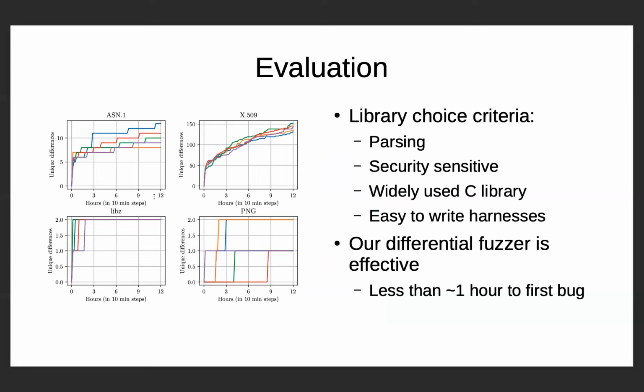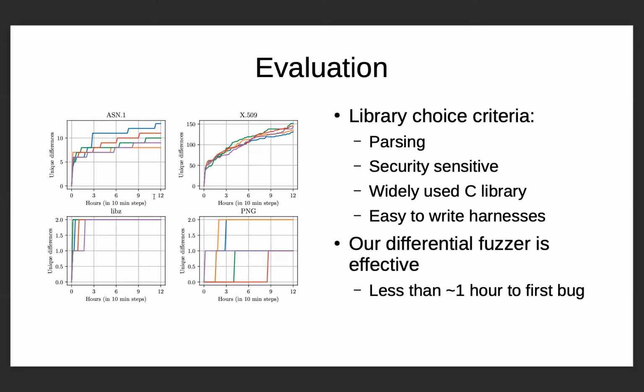So we did our evaluation. We chose 4 libraries. The criteria for choosing them was that they would be parsing libraries, preferably with some sort of security sensitive application. So we've chosen ASN1, X509, the libz compression library, and the PNG image parsing library. We also needed for them to be widely used C libraries and easy to write harnesses for, to be able to test them with the differential fuzzer.